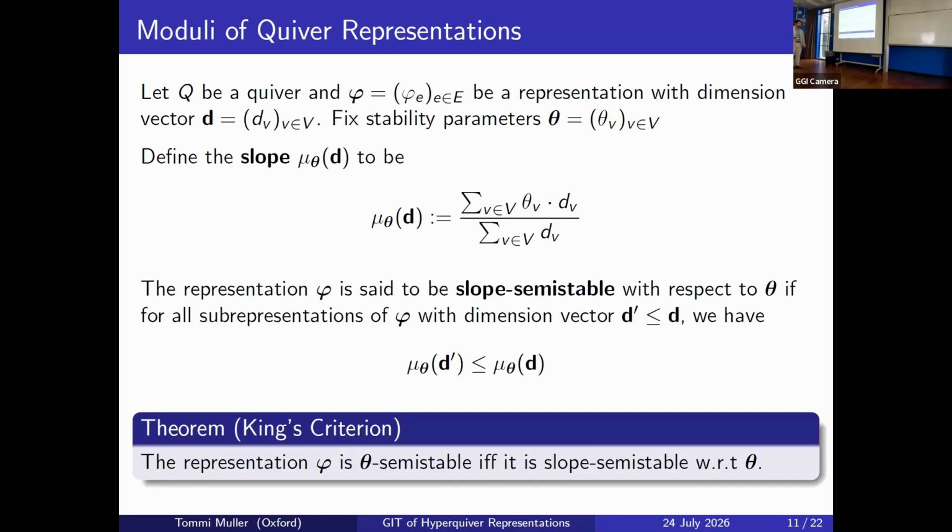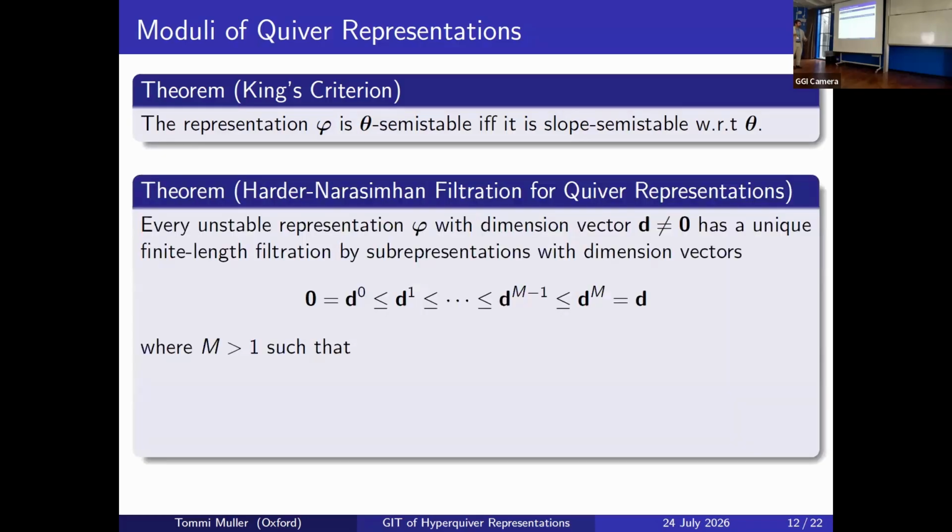So that's the semi-stability story. And again, we can ask the question: what about unstable quiver representations? For an unstable quiver representation, there's a unique finite-length filtration by sub-representations. Let's denote the dimensions of the sub-representations by dimension vectors. The filtration is increasing, and its length is larger than 1.